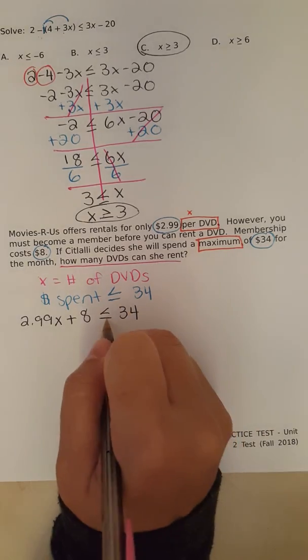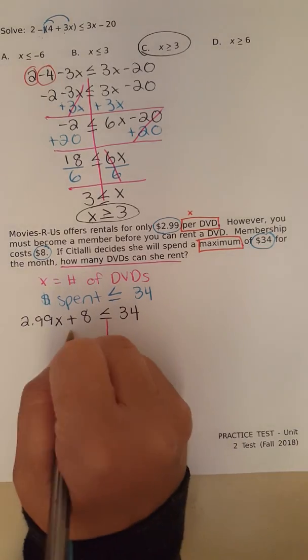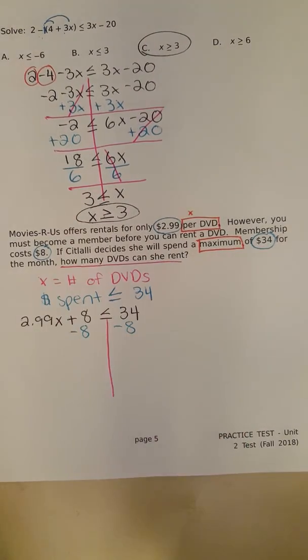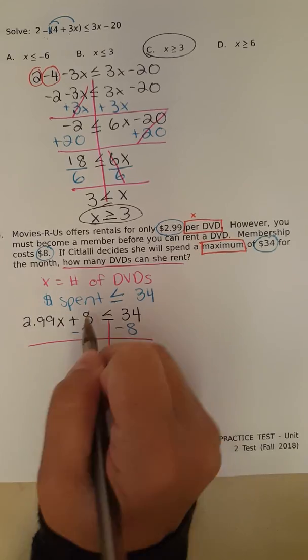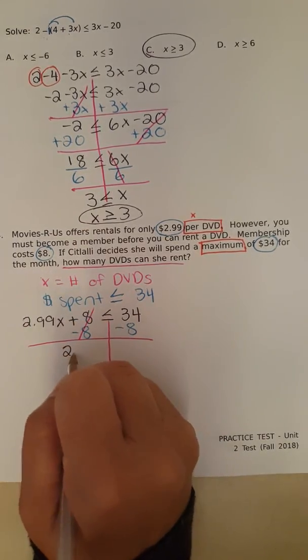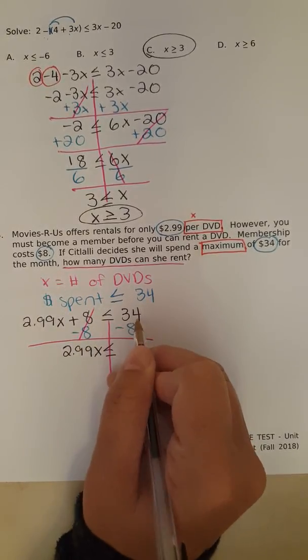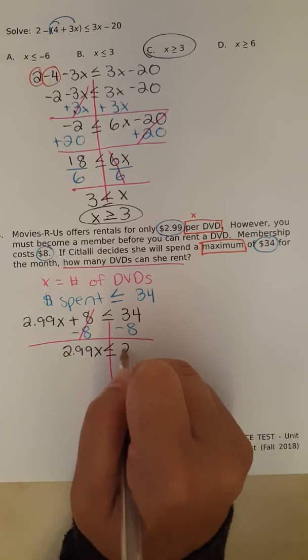So now I'm just left with the inequality to solve. So in order to solve, I'm going to start and subtract my 8 from both sides. 8 minus 8 gives me 0. So on the left, I'm left with $2.99 times X is less than or equal to 34 minus 8, which is 26.